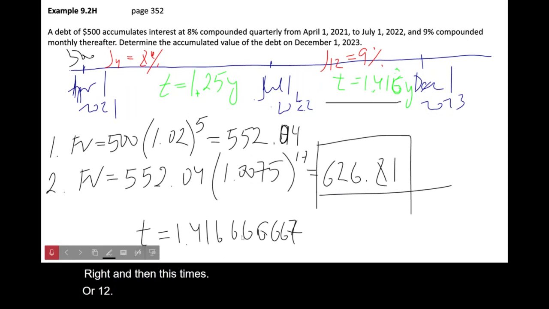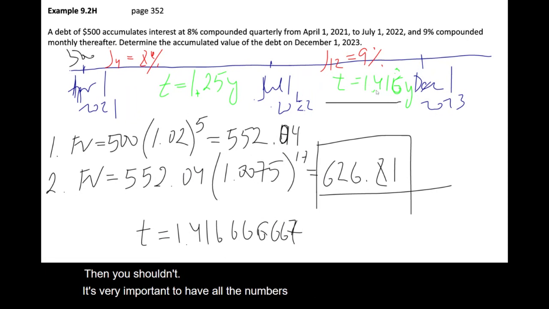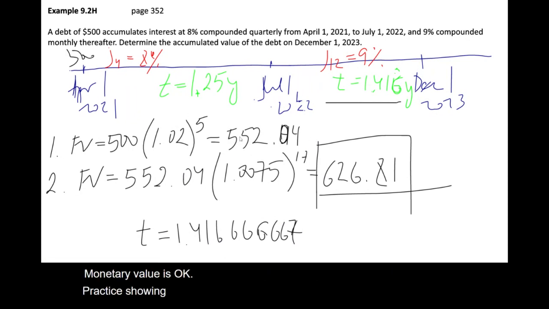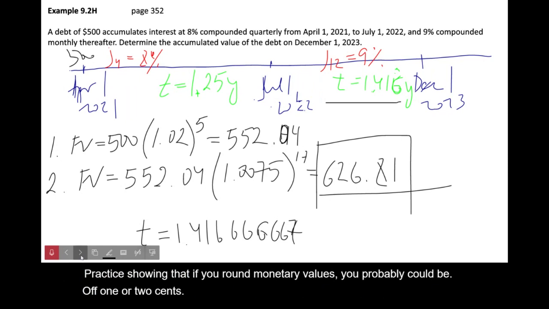Well, because, as I said, you rounded t, and you shouldn't. It's very important to have all the numbers not rounded till you hit final answer. A monetary value is okay. Practice showing that if you round monetary values, you probably could be off 1 or 2 cents. Okay, can we continue?